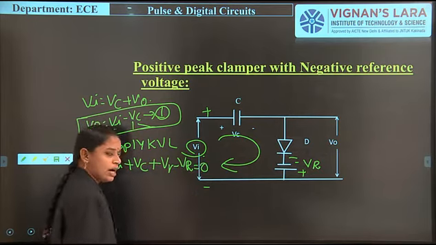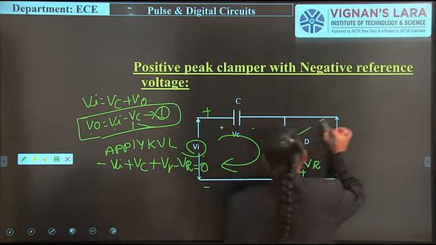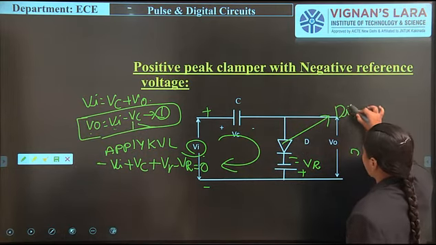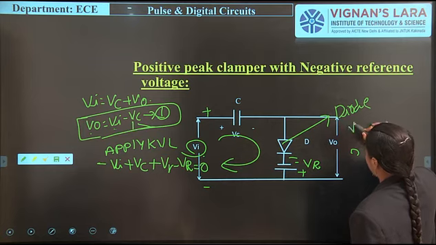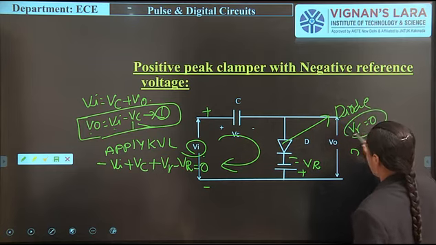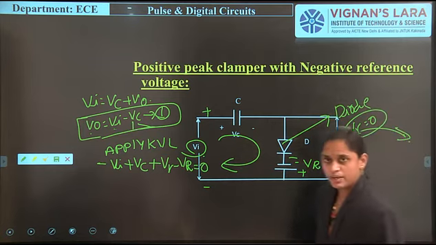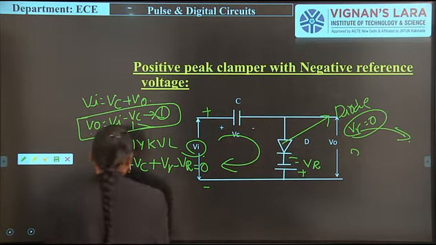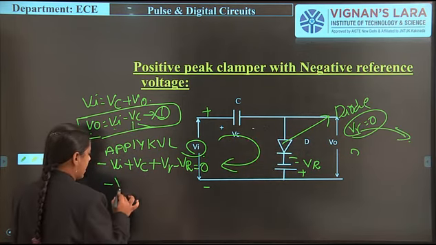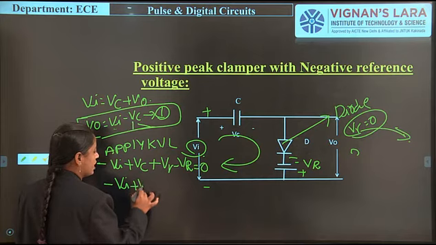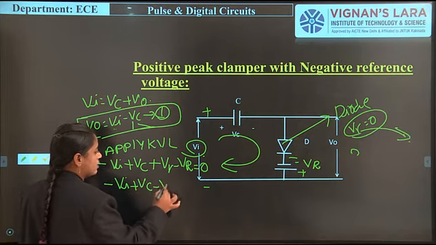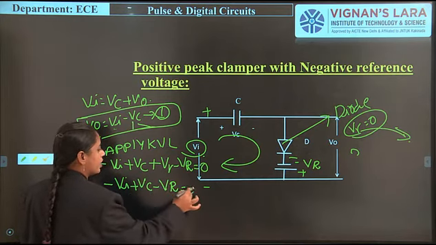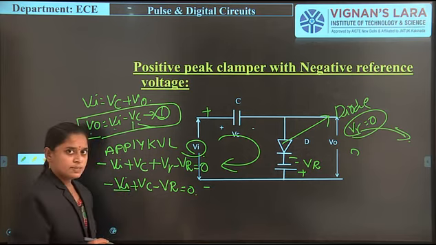As usual we assume the diode is an ideal diode, so V gamma will be 0, and we just eliminate this term. Then we write minus Vi plus Vc minus Vr is equal to 0. What is the input voltage? That is minus Vi.